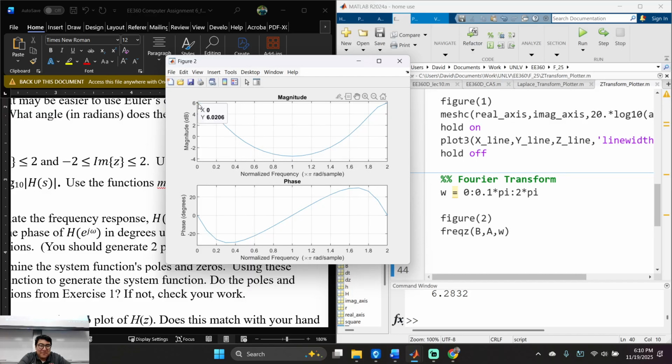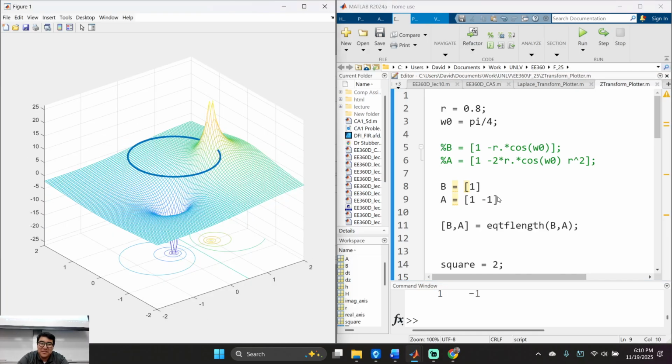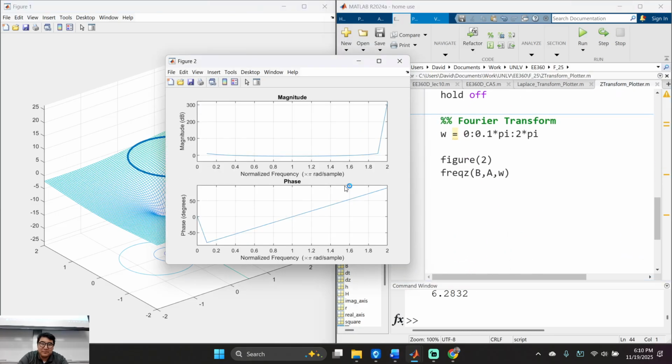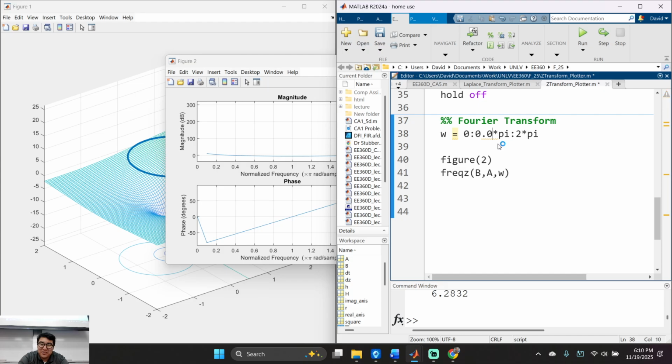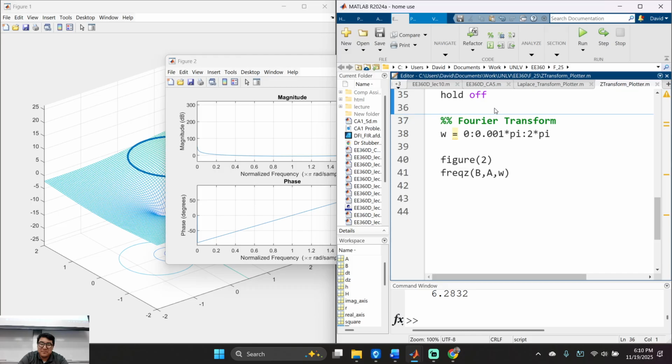And that's our DC frequency. Let me see. Let's do this. Who wants to see it blow up? There you go. Whoa, it blew up. The heck? 0, 0, 1. There we go.